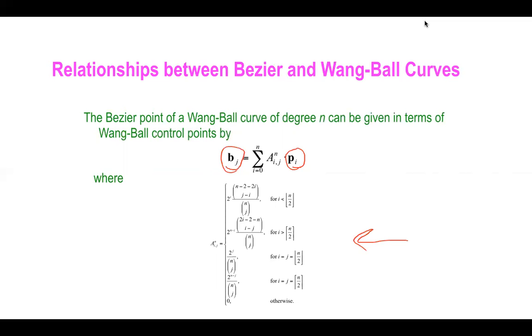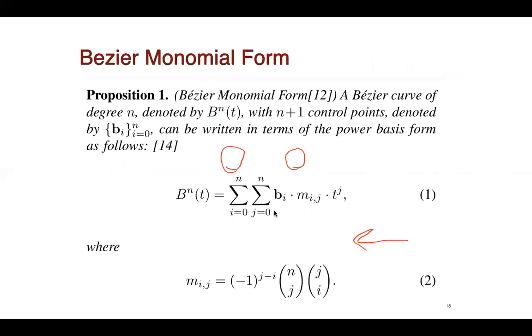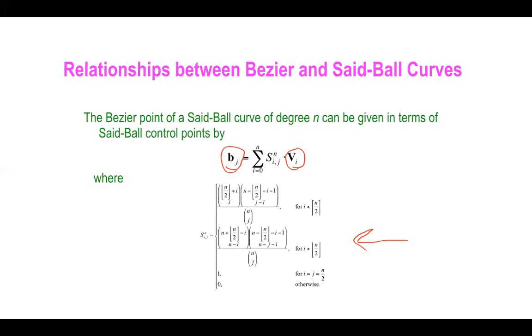Okay, the previous one converts from the side ball to Bezier control points, right?